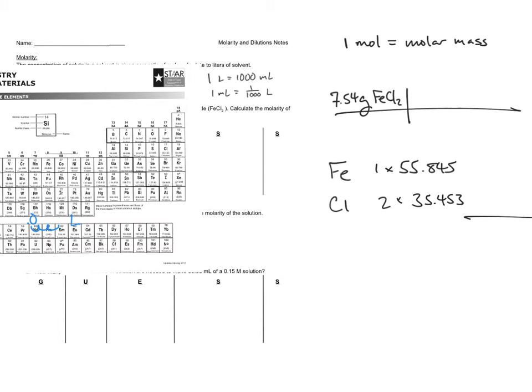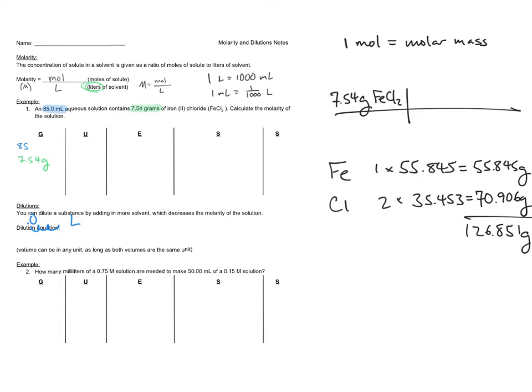You multiply the chlorine by 2, get 70.906 grams, and add it to the 55.845 grams. Add those two things up, and you get 126.851 grams for iron 2 chloride. All right, so that goes over here with molar mass. 1 mole equals 126.851 grams.